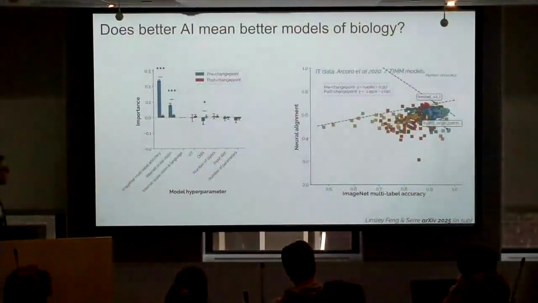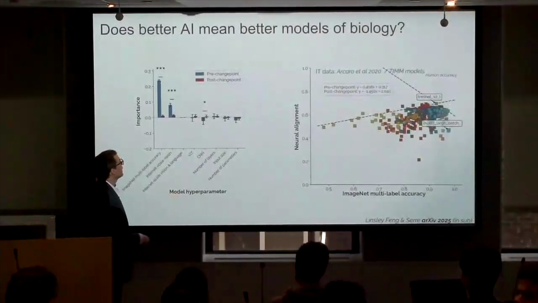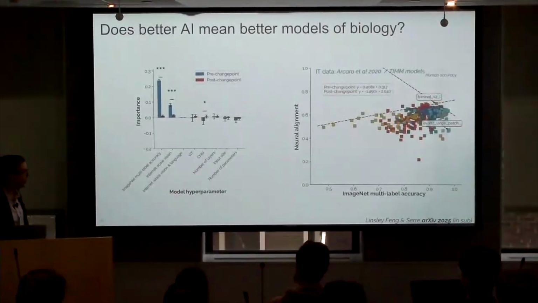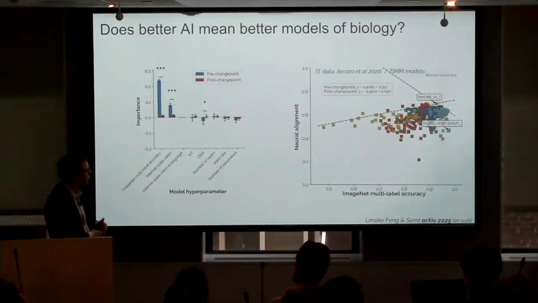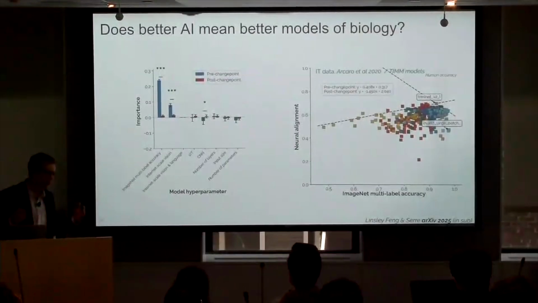Not only are they no longer fitting neural data better, but when we look at the actual importance of individual factors, because these are timm models, Drew was able to get all kinds of metadata associated with those models: number of parameters, the resolution of the inputs, number of layers, their accuracy on ImageNet, the scale of the data used to train them, whether small scale or large scale, and whether we use language.